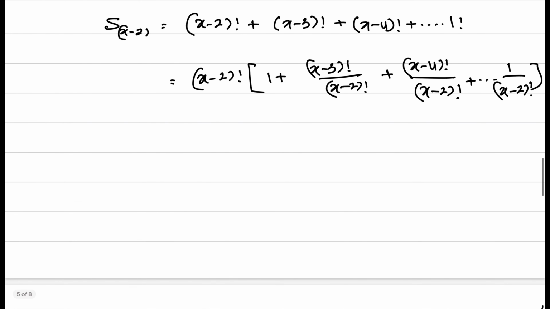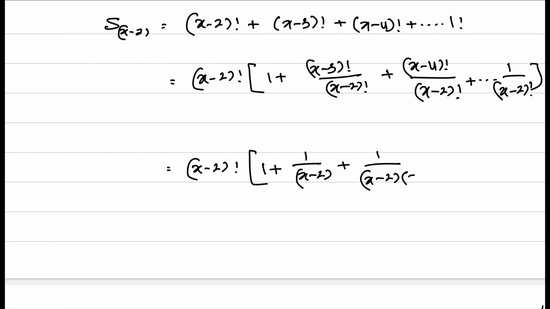Now, can this be written as x minus 2 factorial into 1 plus x minus 3 factorial by x minus 2 factorial, which will be 1 by x minus 2. This will be 1 by x minus 2 into x minus 3 plus so on up to 1 by x minus 2 factorial.